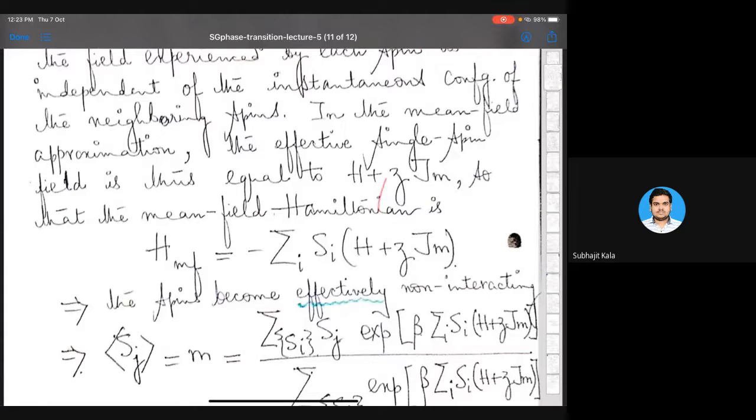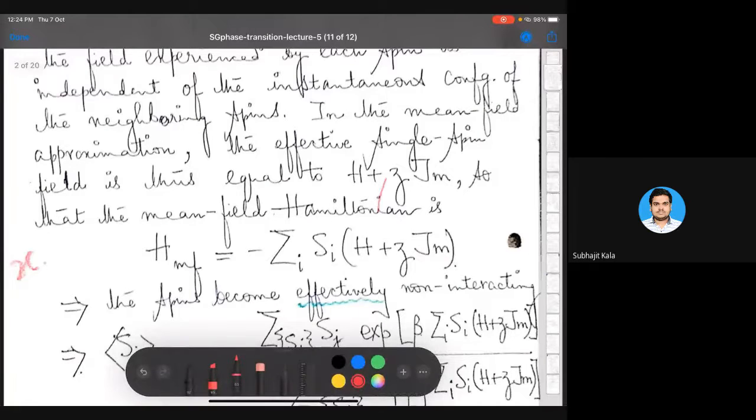So what is the mean field approximated Hamiltonian? I started off with the Hamiltonian H equal to minus summation over ij J s_i s_j minus, well, let me keep the magnetic field also, because otherwise you will not see it.